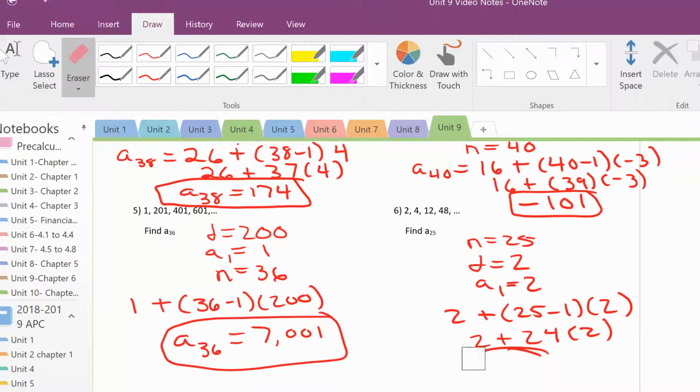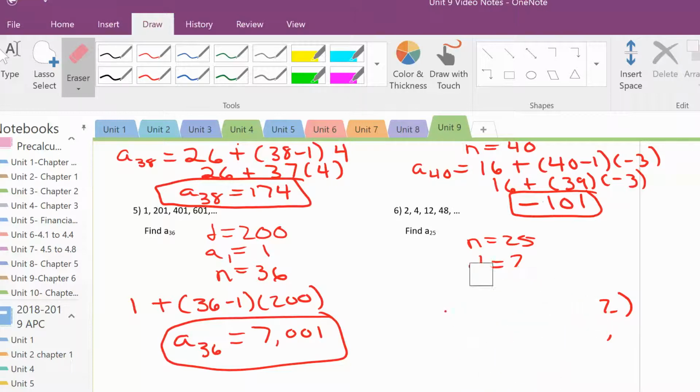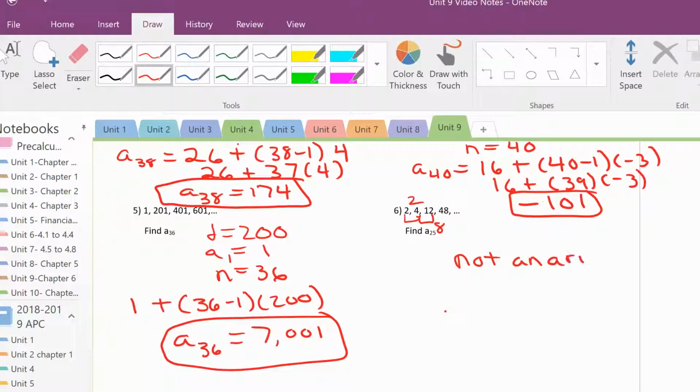Actually, if you look at this, sorry, let's go back. And look at this, the difference here is 2, but then the difference here is 8. So actually, this is not an arithmetic sequence.